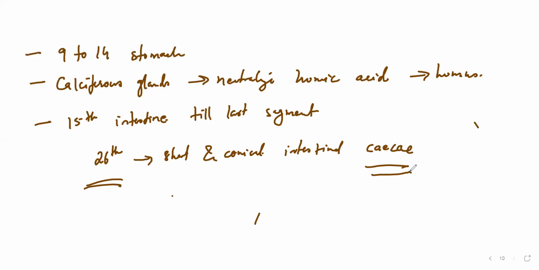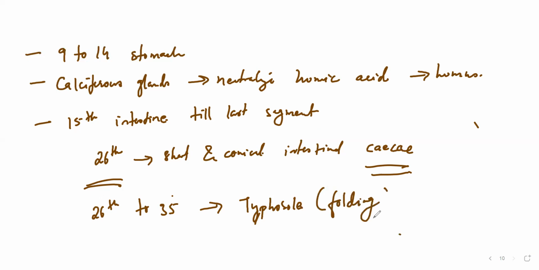So the intestinal caecae is present in the 26th segment. Then again, from 26th to 35th, you have a part called the typhlosole. Typhlosole is nothing but foldings inside the earthworm, and it is present between the 26th and 35th segment.